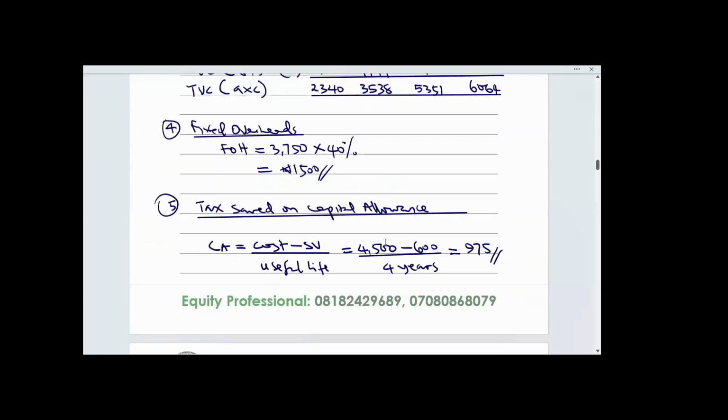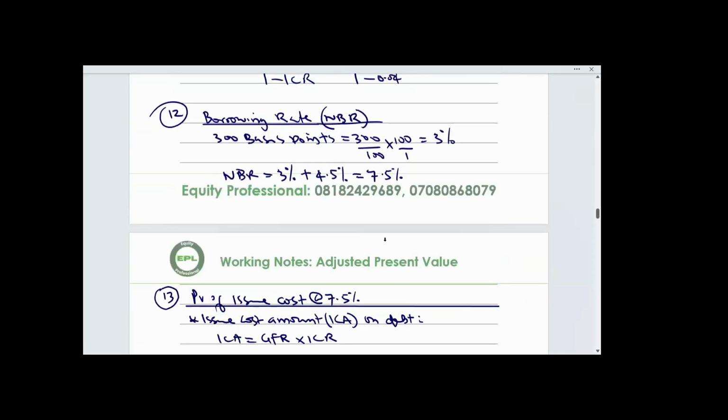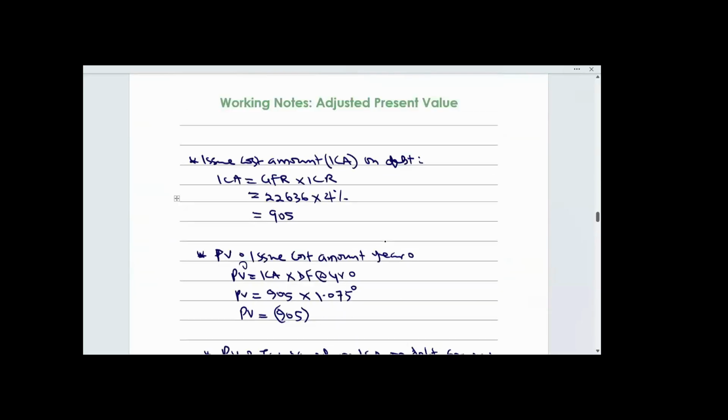To calculate PV of net subsidy, we have 4 procedures you are supposed to carry out. That's working number 14 now. PV of net subsidy.